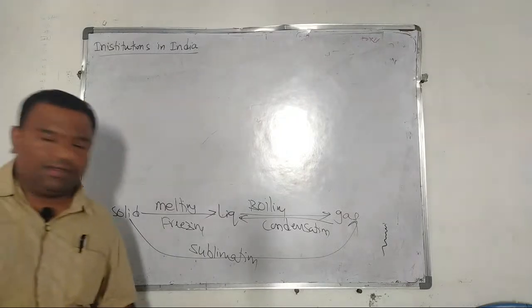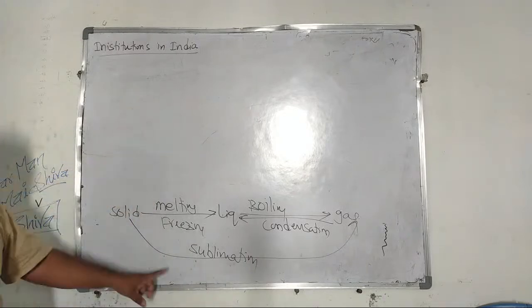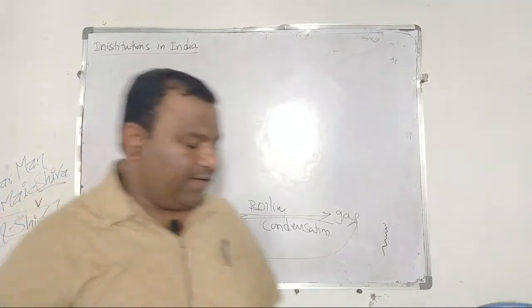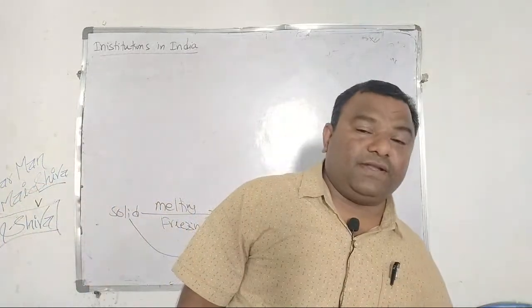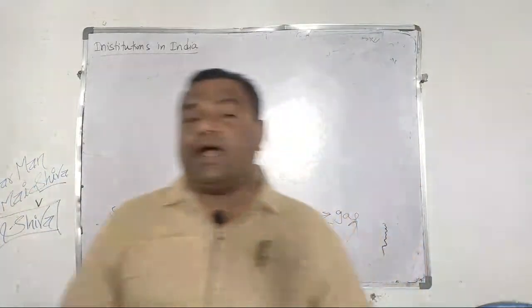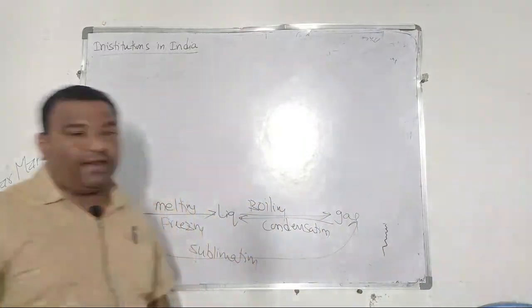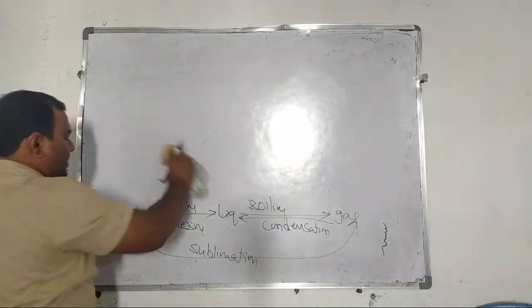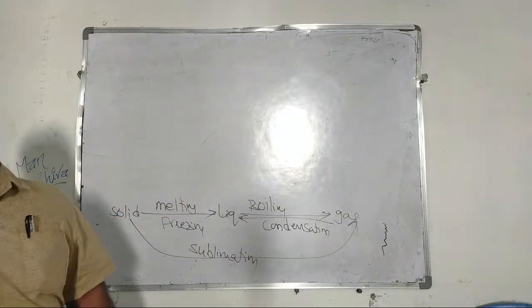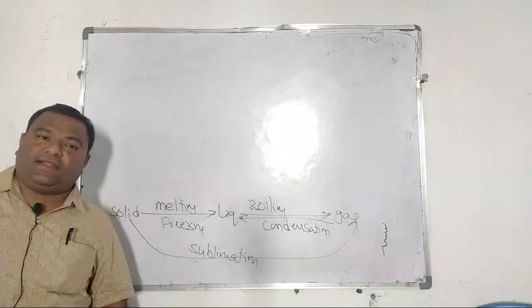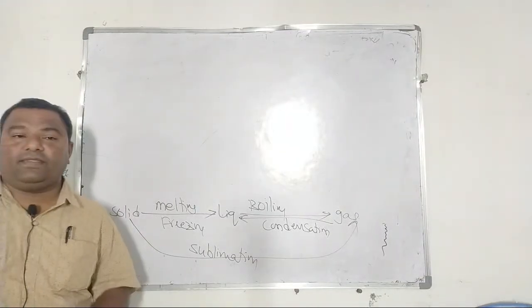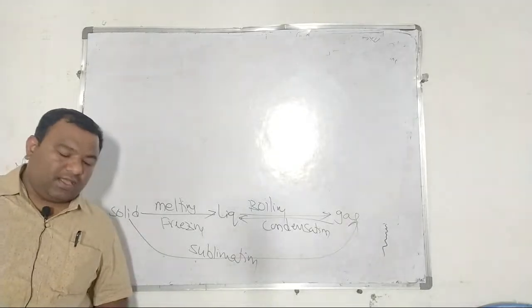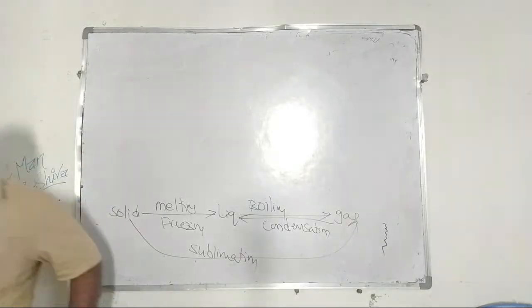Okay, just wait. For sublimation, write down the examples: camphor, naphthalene, and next, iodine.